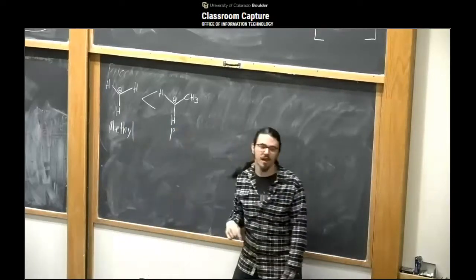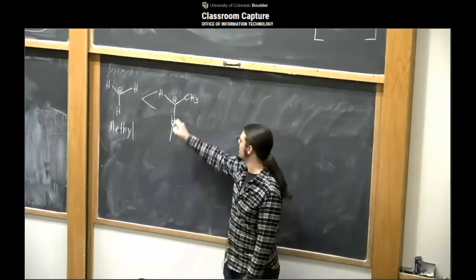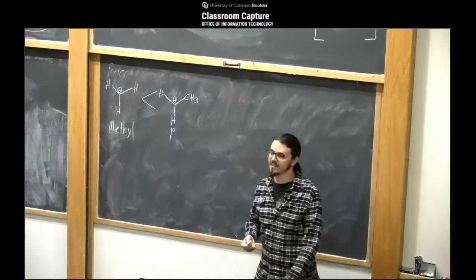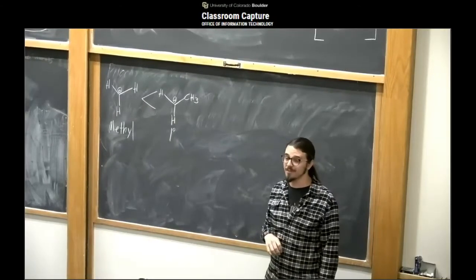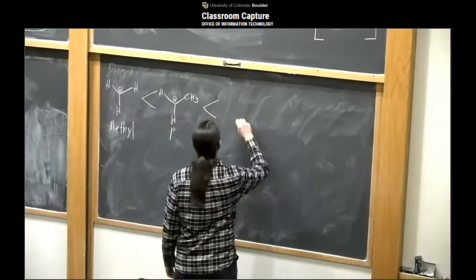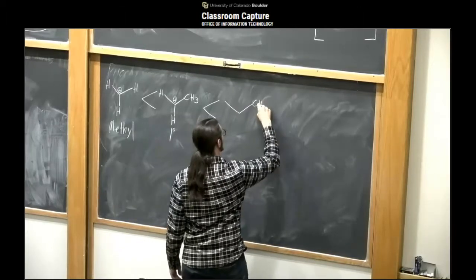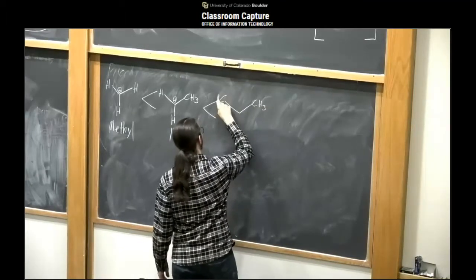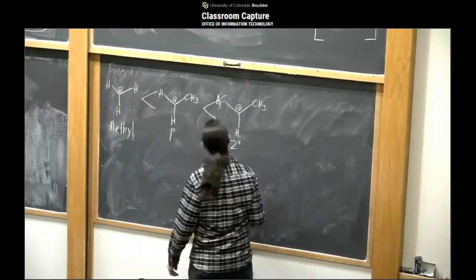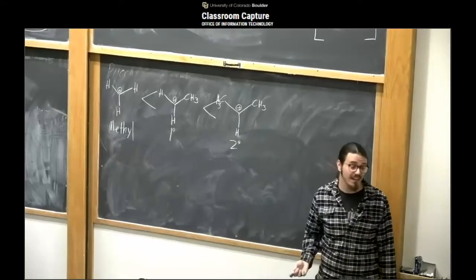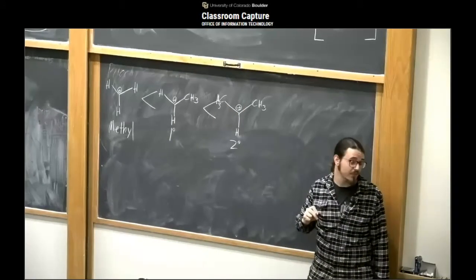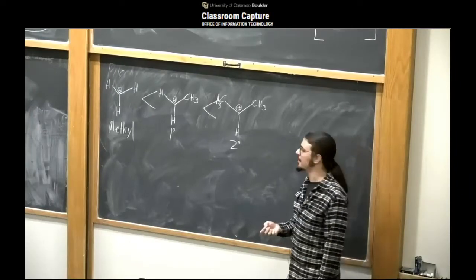Next in stability, more stable than a methyl carbocation, is a primary carbocation, where we have one group over here which is able to donate into the empty p orbital to help stabilize it to some extent.